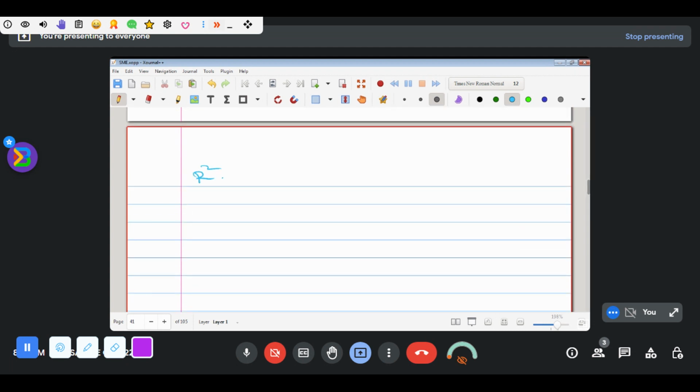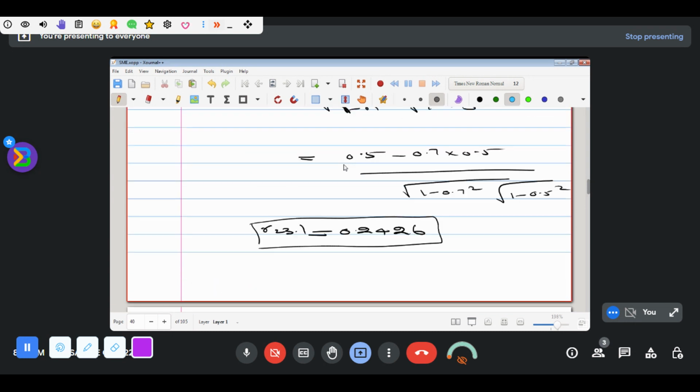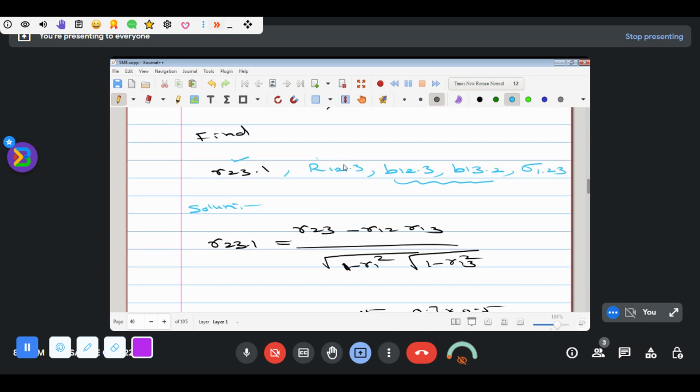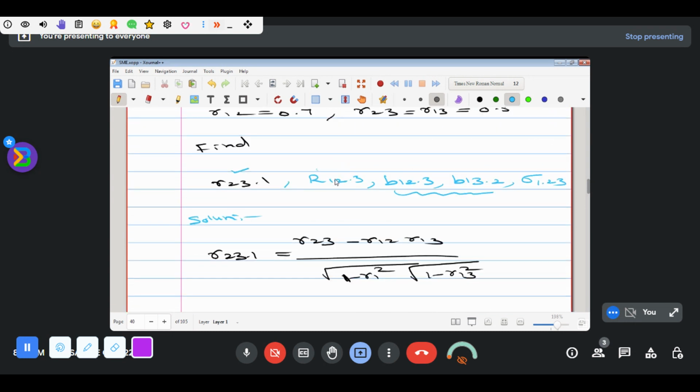R squared 1.2, R1.2.3. We have to find R1.2.3. You know the formula, R squared 1.2.3 is correct.